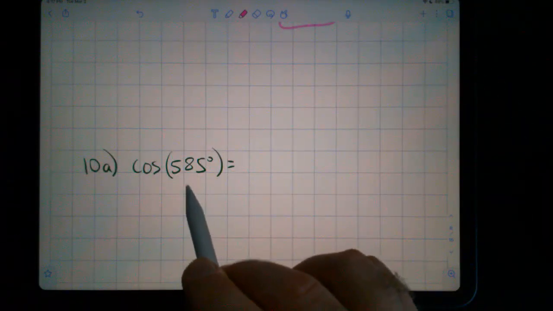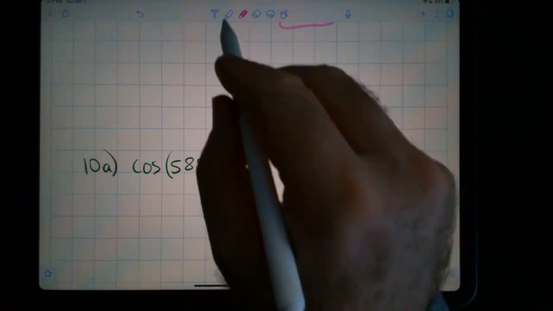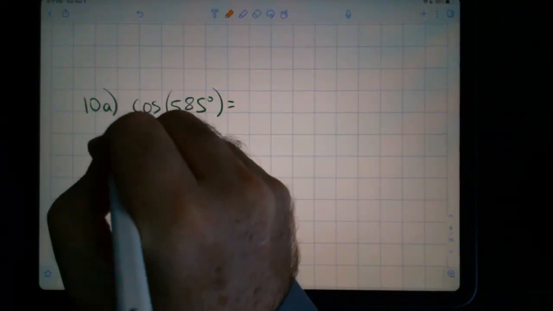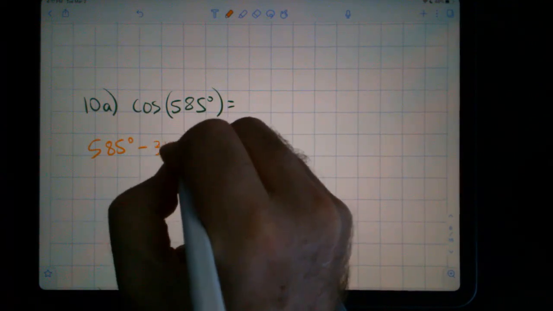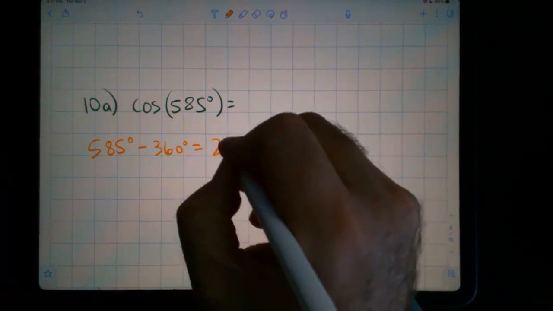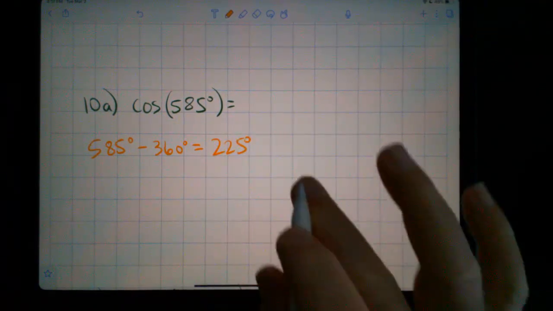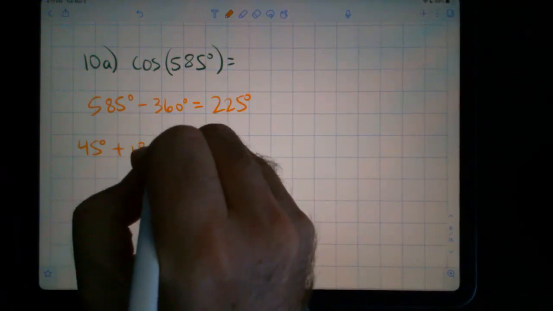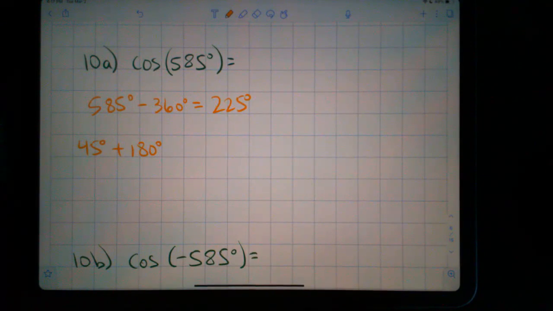Cosine of 585. So let's make this between 0 and 360. So let's go 585 minus 360 degrees. You get 225 degrees. 225 degrees is 45 plus 180. This ends up in quadrant 3.